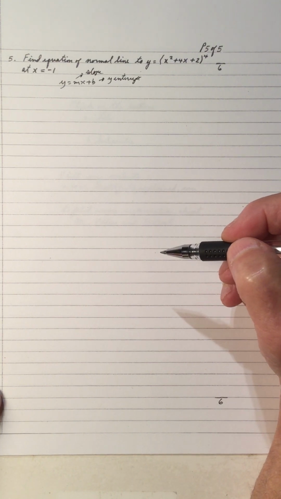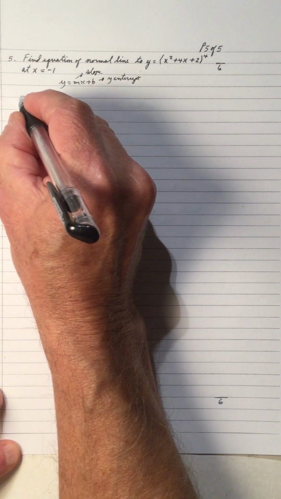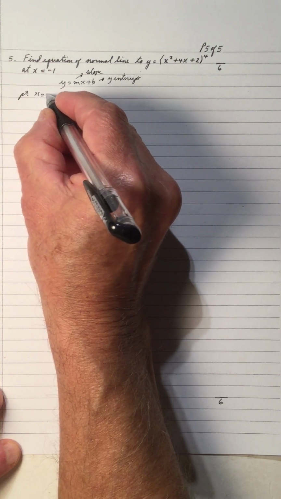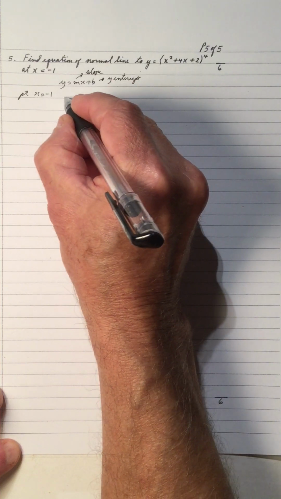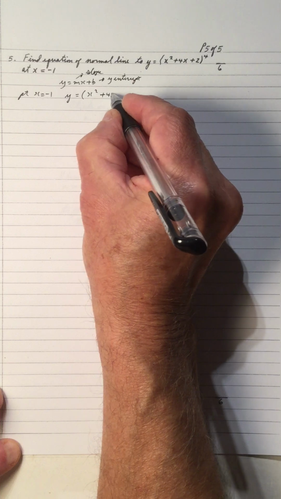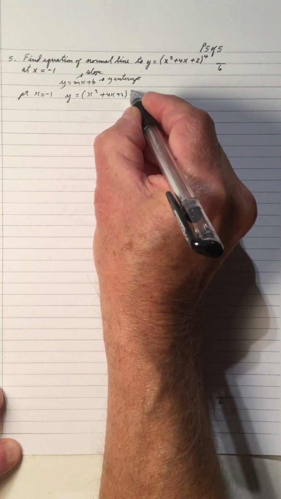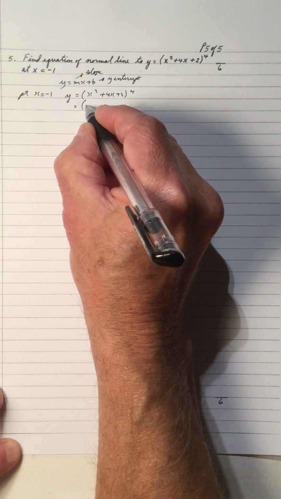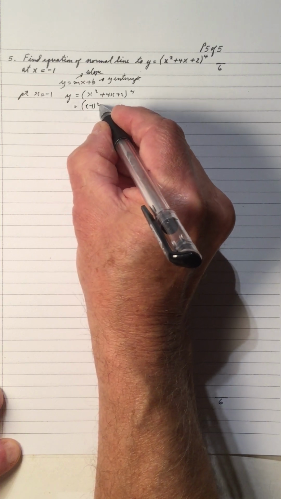So let's proceed to find the point. We're looking at the point when x is negative 1. So y equals (x squared plus 4x plus 2) to the fourth power, and we're plugging in negative 1 in the place of x.